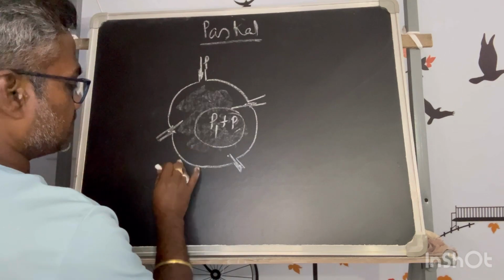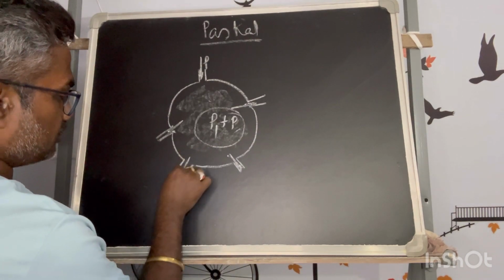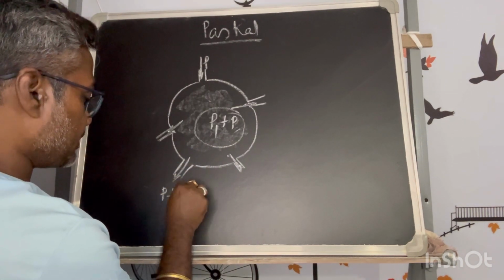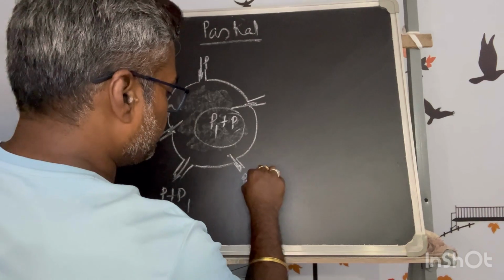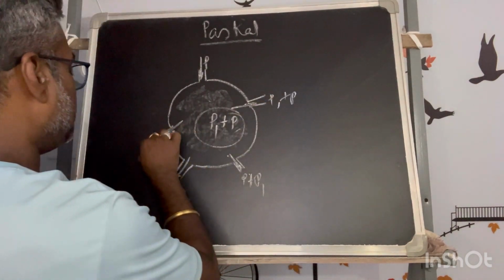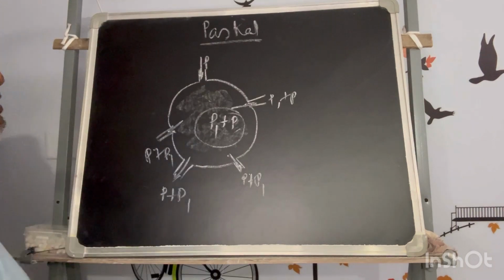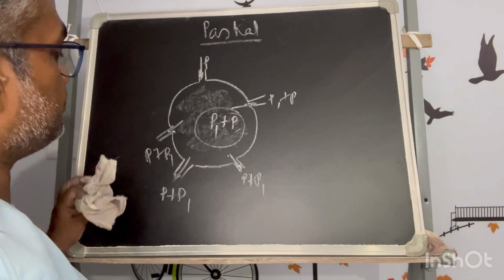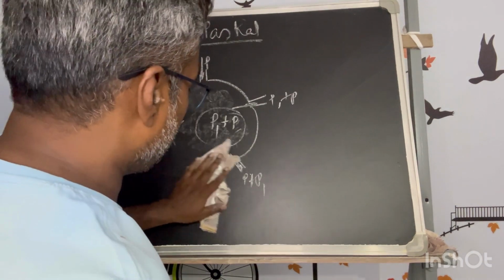Let's say I open these: all this pressure will be P plus P1, P plus P1, P plus P1, P plus P1. All this pressure will be the same in every direction. Whatever direction you measure, you will get the same pressure. This is Pascal's law.